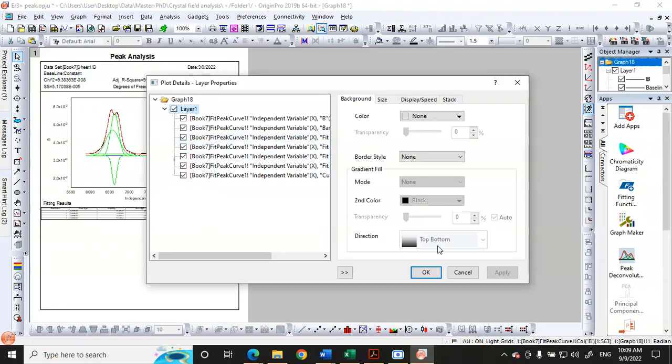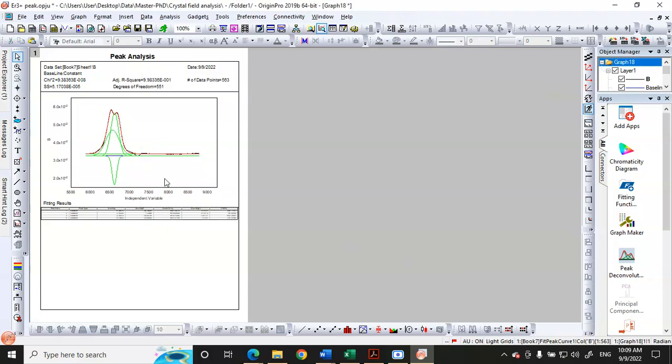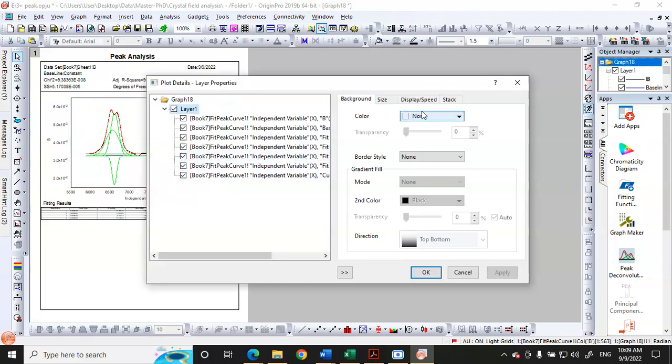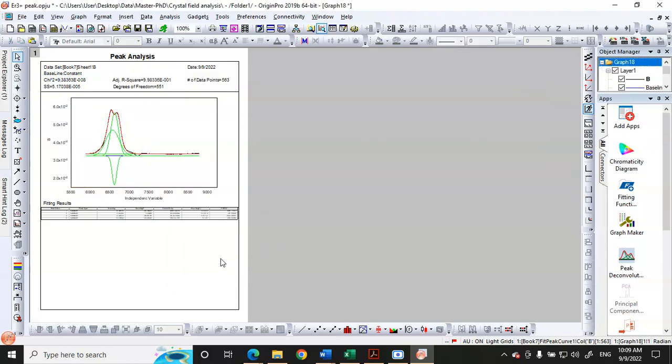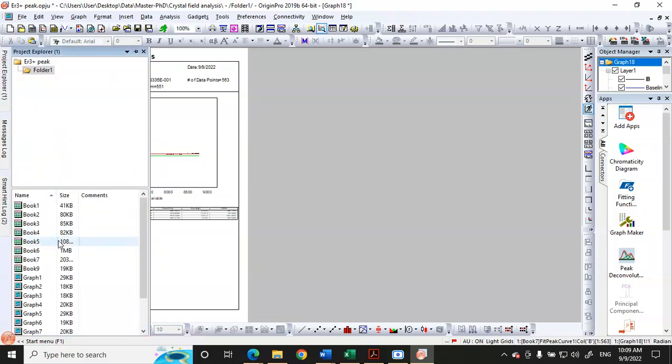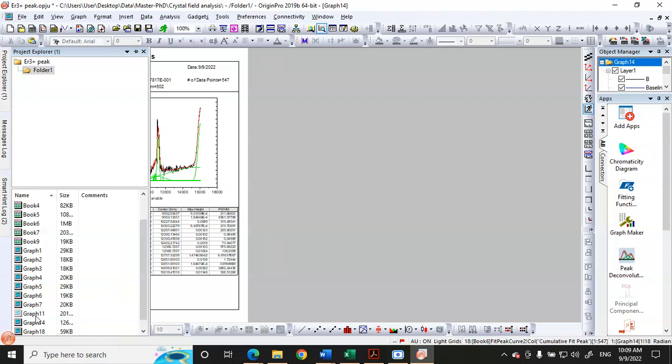Okay, but this one we have a peak downward. Okay, it is not a good deconvolution actually. Okay, we try again.